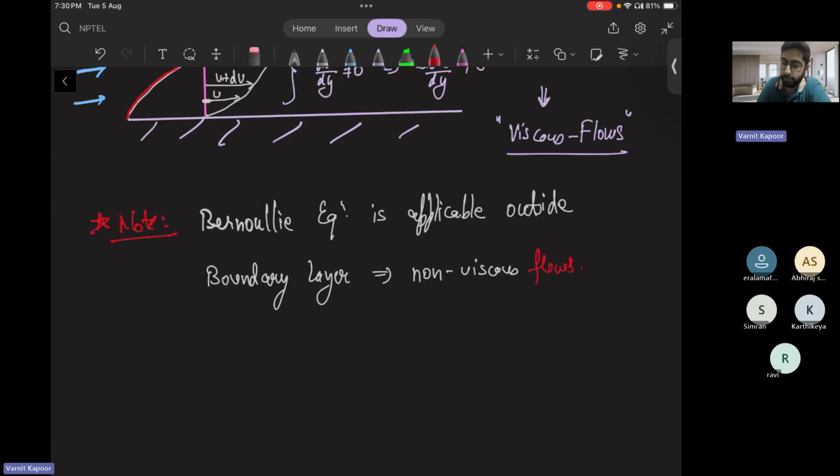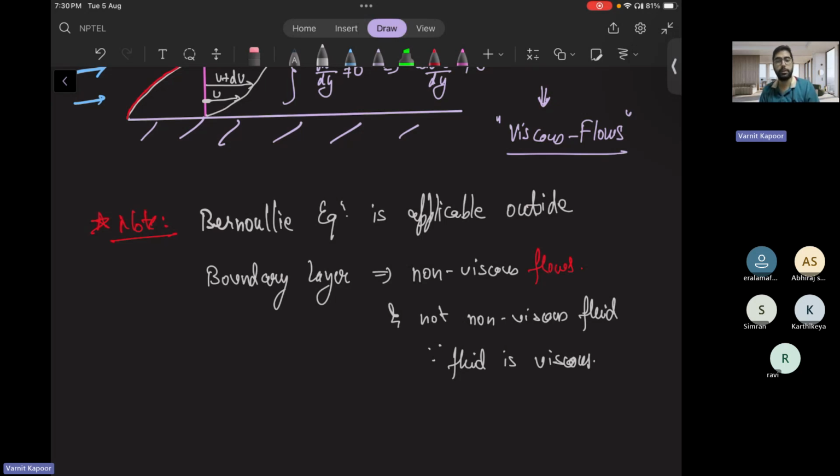That's why I've written flow in highlight, and not non-viscous fluid, since the fluid is viscous, it has some viscosity. I hope this point is clear to everyone.